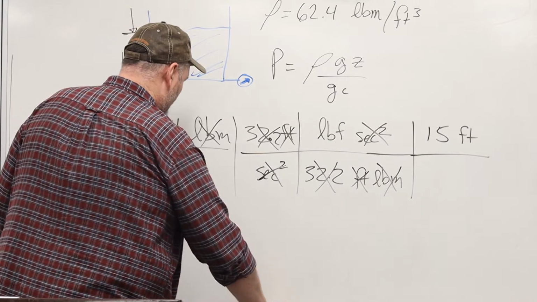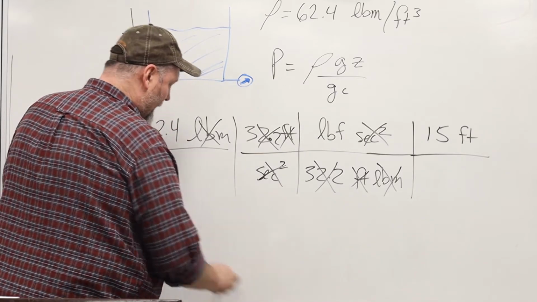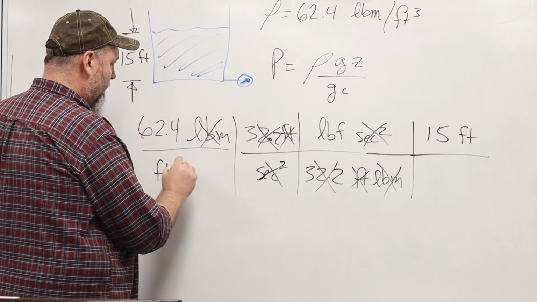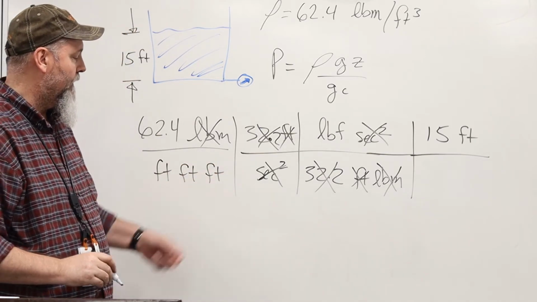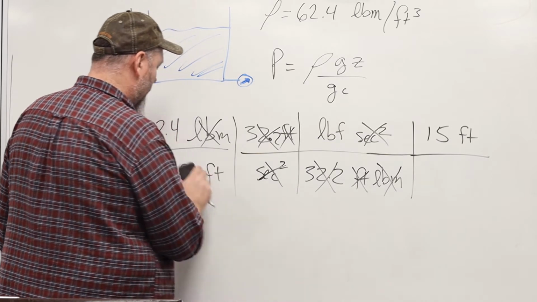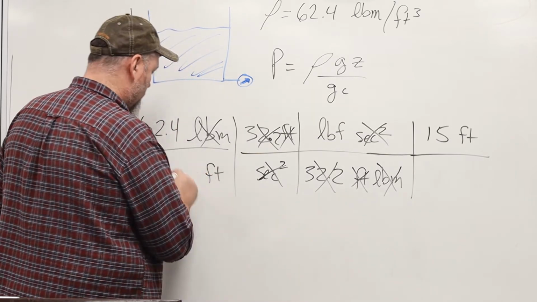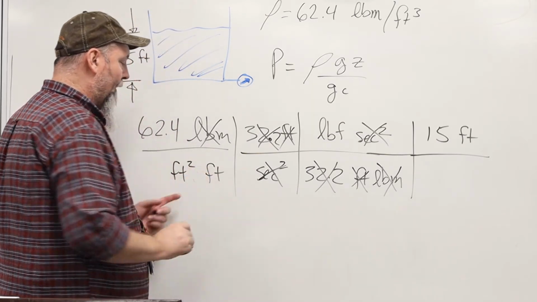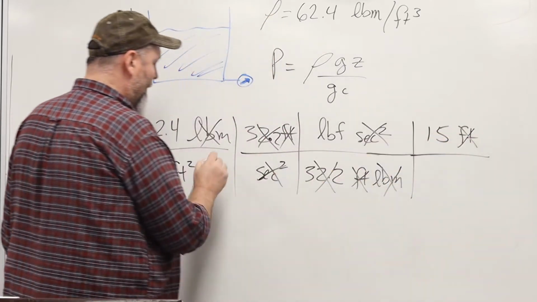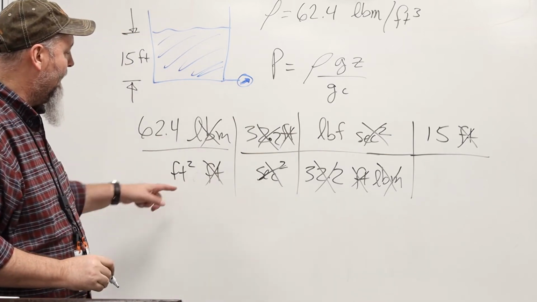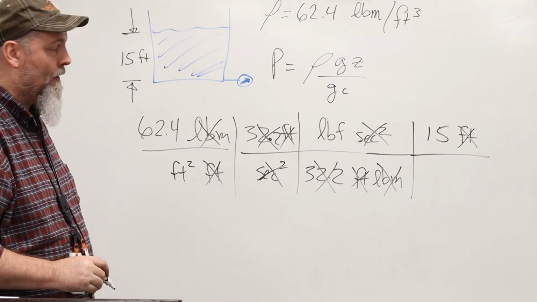Okay. Let's break this foot down. Foot squared foot. Either way, there's three of them there. Now we can cancel that one out. Now we need to convert square feet into square inches.